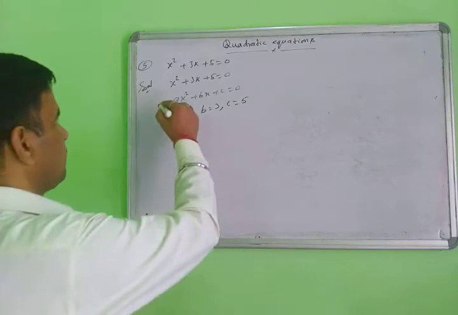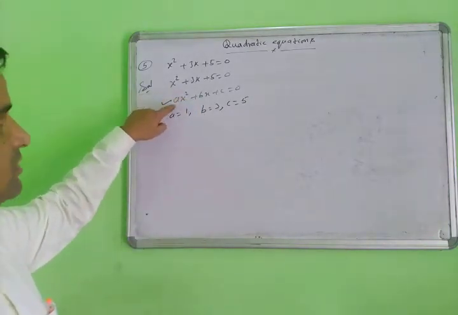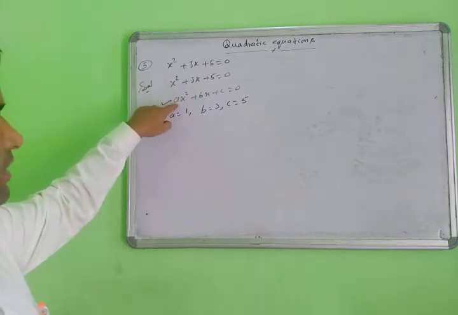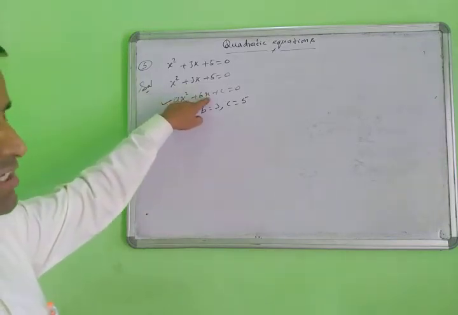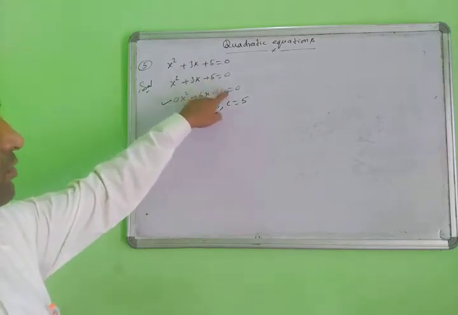First write the standard form. The coefficient of x square is a, which is 1, the coefficient of x is b, which is 3, and the constant c is equal to 5.